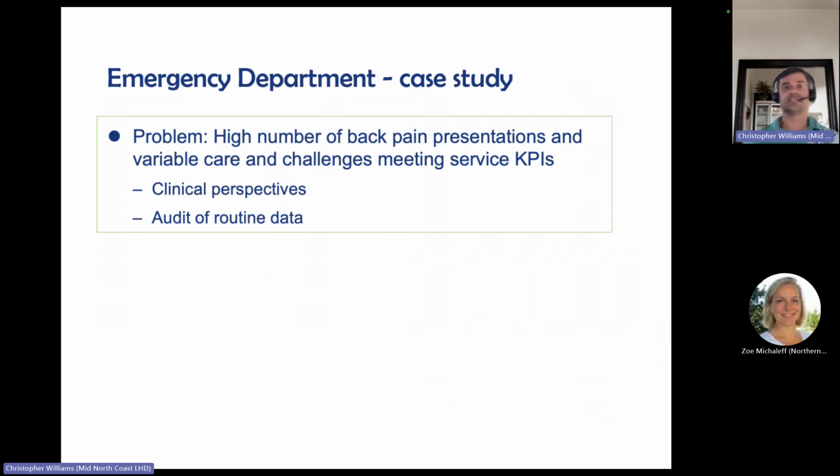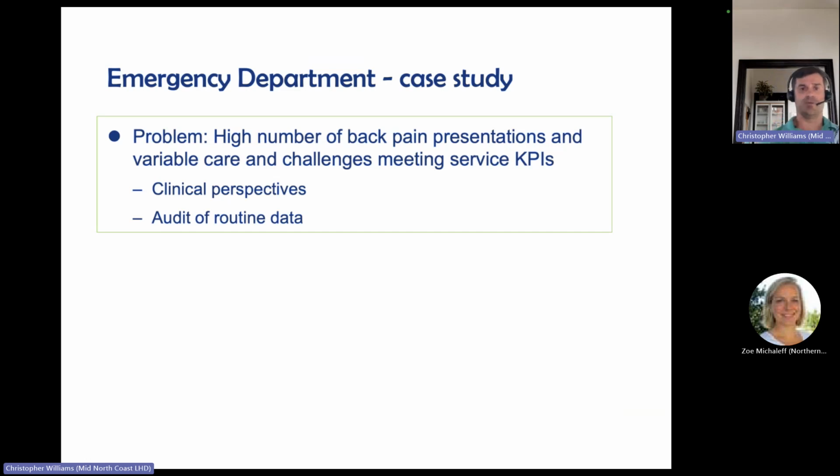So just to finish off with a quick case study, this is an example that we conducted in an emergency department. The clinical problem here was that there were a large number of patients presenting to ED with back pain. These are non-urgent cases, and the challenges here were that the patients were receiving variable care, really different types of care, some care not recommended by practice guidelines, but also there's challenges meeting service KPIs within the ED, so patients waiting for longer periods than perhaps necessary, a lot of patients being admitted, for example.